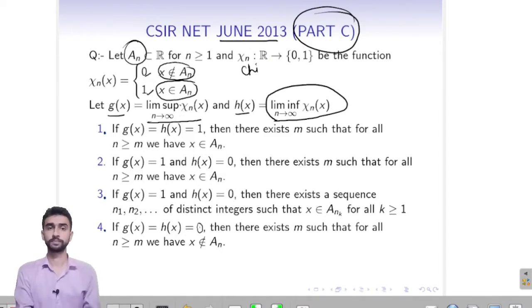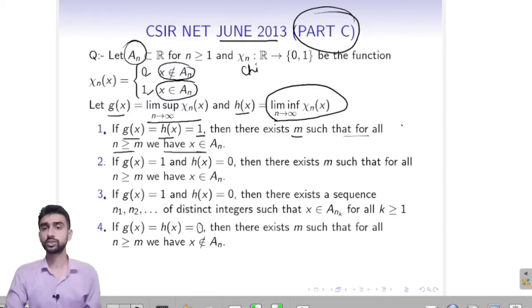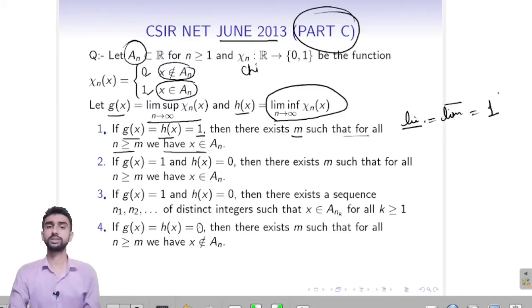So what are those? It says if gx, meaning the supremum, and the infimum are both equal to 1, then there exists m such that for all n greater than m, x belongs to An. What does this mean?